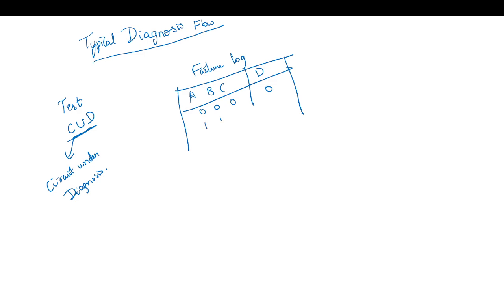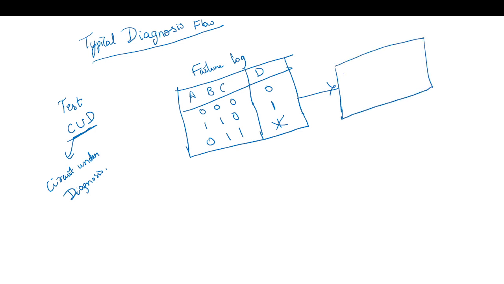For this pattern, it is giving output 1 and passing. For this pattern, it is giving an output 1, which is a failure. So we need to give this to a diagnosis software which says which fault is responsible.